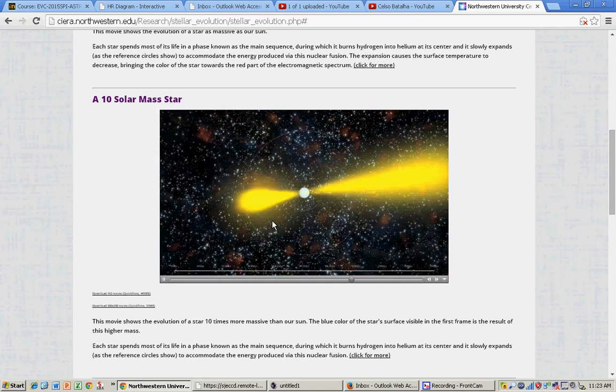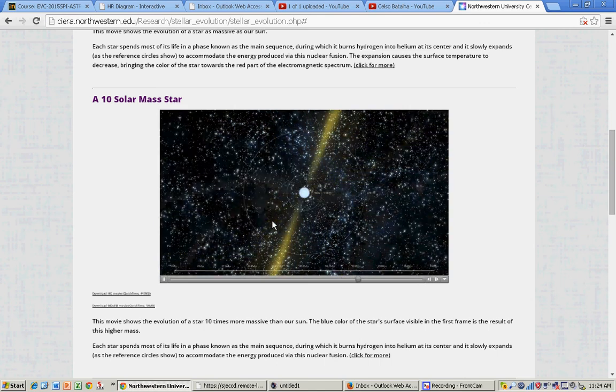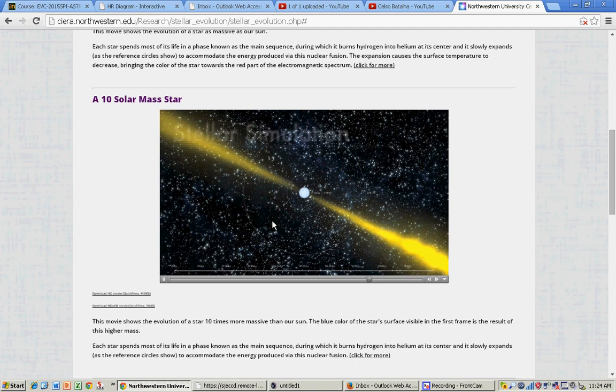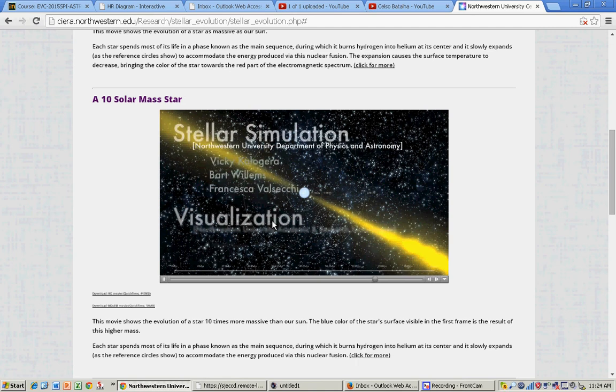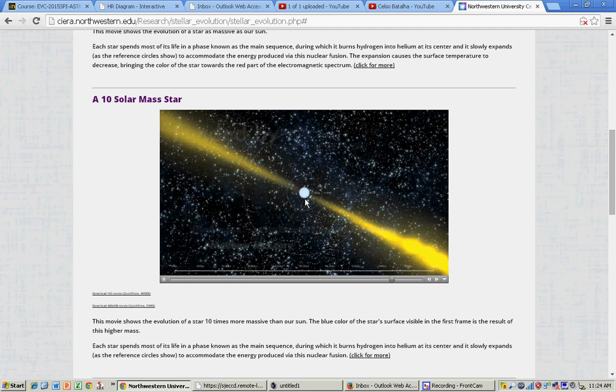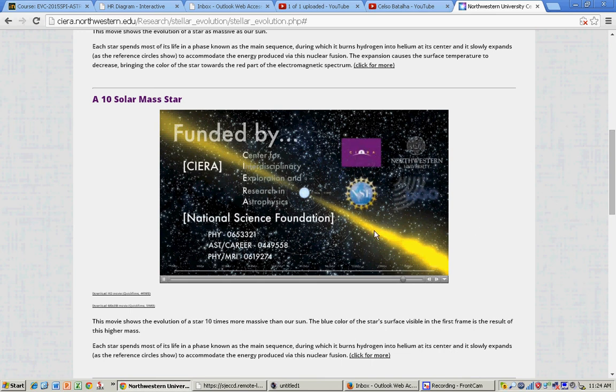It doesn't go through the flash sequence, and then carbon, oxygen, and neon. You have all these different heavier atoms up to when the core is an iron core. The star explodes, supernova type 2, and the core is a neutron star. You see this pulsar phenomenon going on.